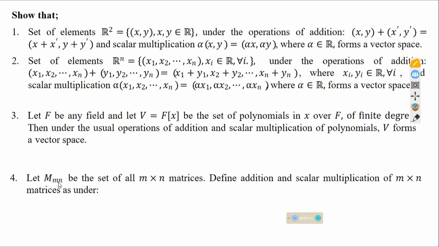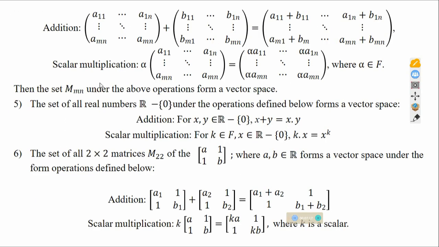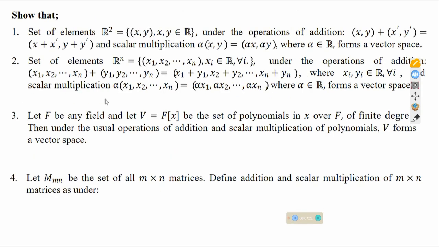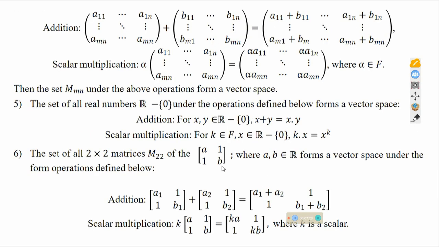Next, you should be able to deal with the matrix space: show that the set of all m by n matrices under addition and scalar multiplication, defined as this, forms a vector space. Then also try number 6. So try this and come up with good proofs of all the axioms.